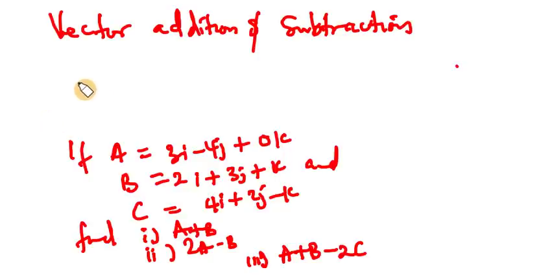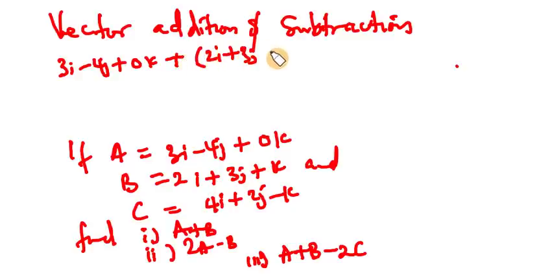To find a plus b, we have 3i minus 4j plus 0k. We add it to 2i plus 3j plus k. So how do we add it? Add i to i, j to j, and k to k.